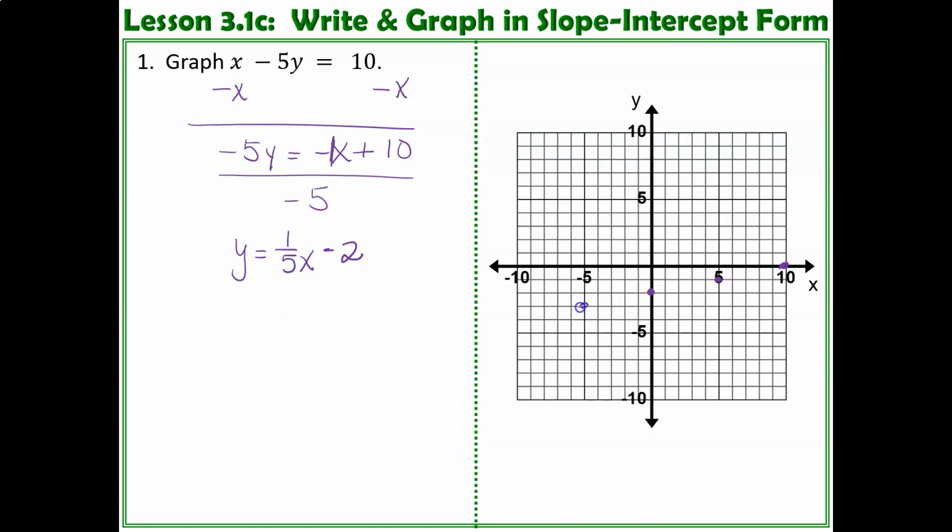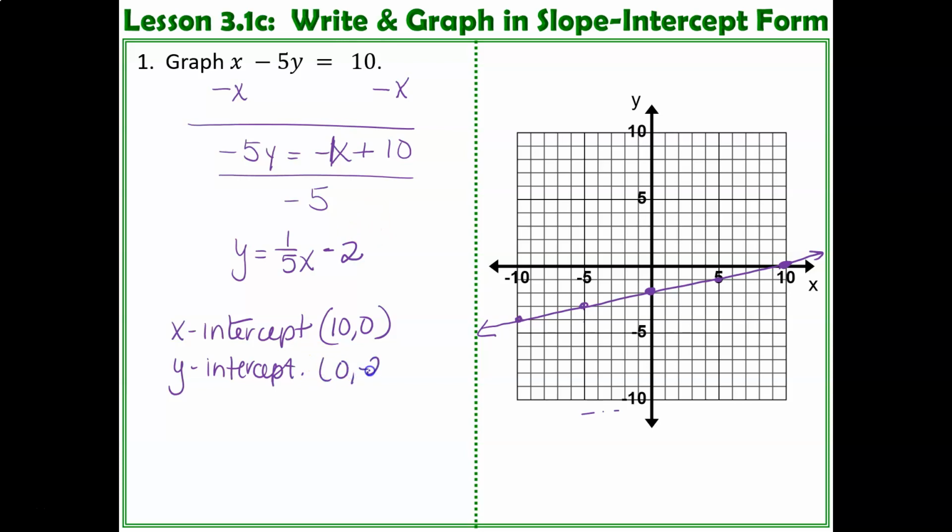I'm going to go down 1 over 5, down 1 over 5. So we get both the x-intercept and the y-intercept. So the x-intercept is 10, 0, or 10, and the y-intercept, we know from the equation, is 0, negative 2, or negative 2.